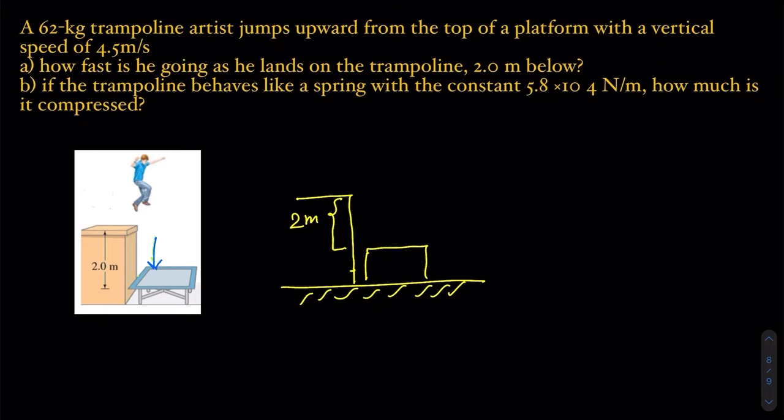And the person we just model as a mass m, which is 62 kilograms. Then this has a vertical velocity of 4.5 meters per second. Then it goes up a little bit and comes back at this point.